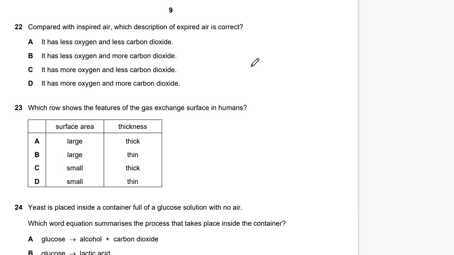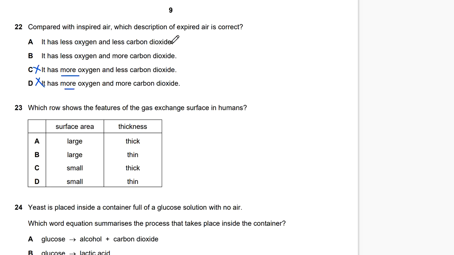Compared with inspired air, which description of expired air is correct? Of course, when we're talking about inspired air, when you take it in, there is a lot of oxygen, and when you take it out or you expire it, the oxygen is lesser. So we remove choices C and D because of the term more oxygen.